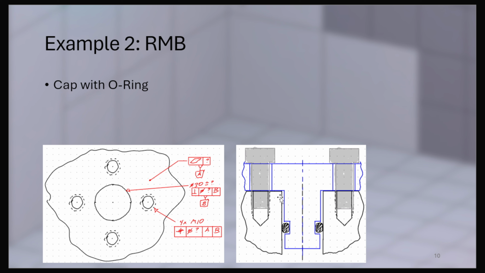I would argue no, because as this datum B bore grows towards its least material condition, the cap is still going to center itself because the O-ring is going to look for some sort of lowest energy situation, which is equal compression on all sides of the O-ring. So in this case, the positional tolerance zone should be B at RMB.